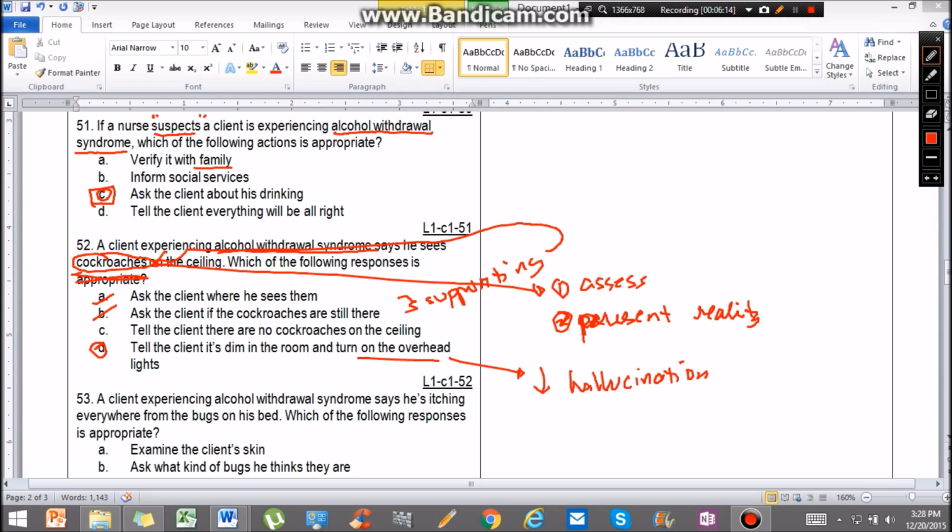So this will be your goal. Letter C, tell the client there are no cockroaches, is eliminated because this is an improper way of presenting reality. That's not the way to present reality. So eliminate that. The best answer here is D.